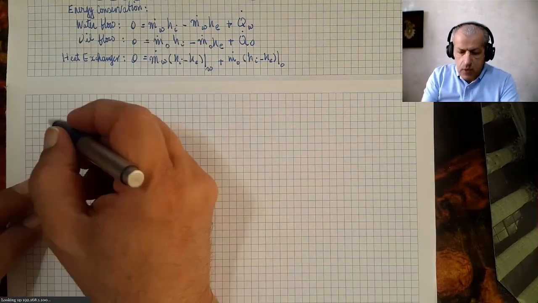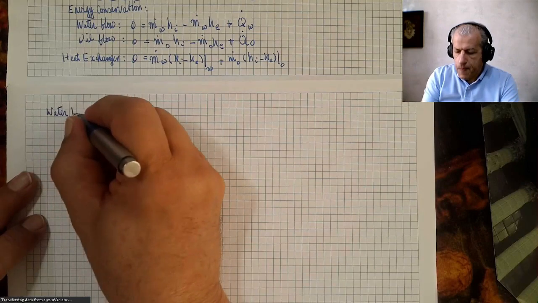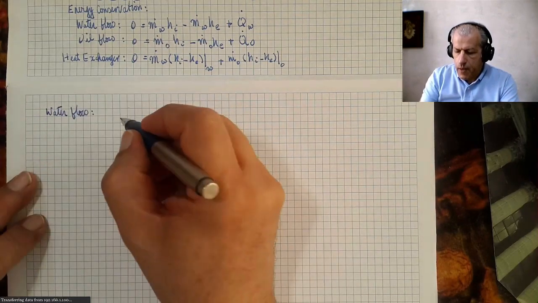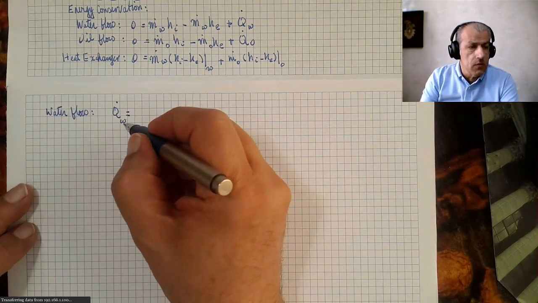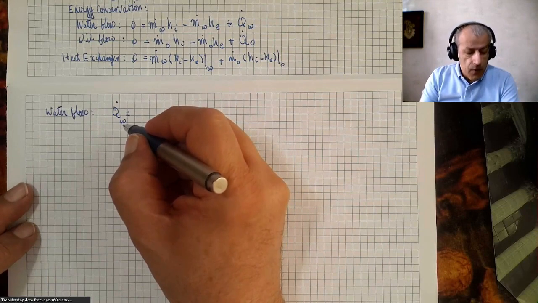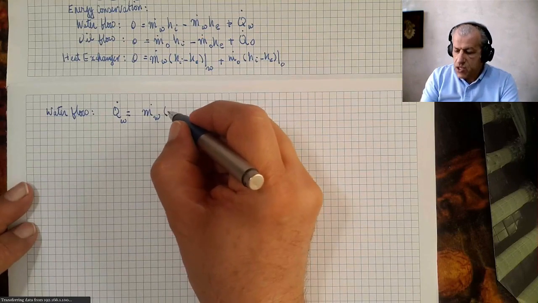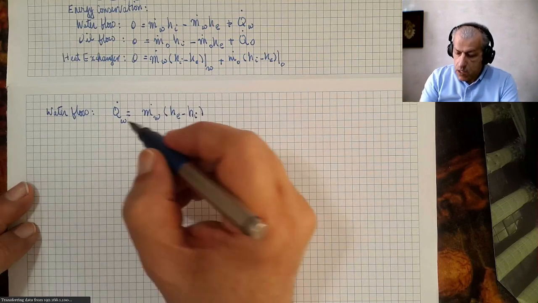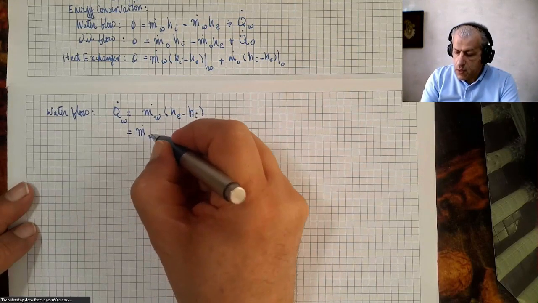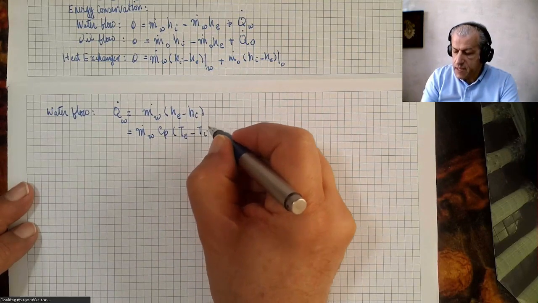Well, we now may write the first equation for water flow as q dot, let's say q dot water, which is heat transferred from water, equals m dot water times he minus hi, which equals m dot water Cp times TE minus TI.